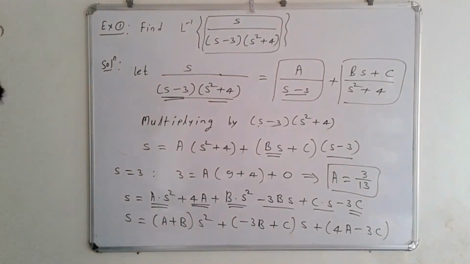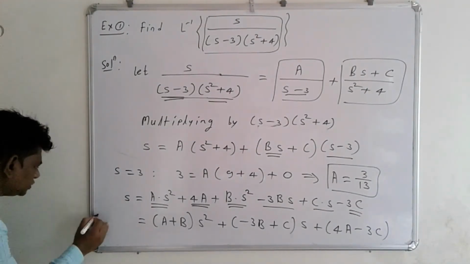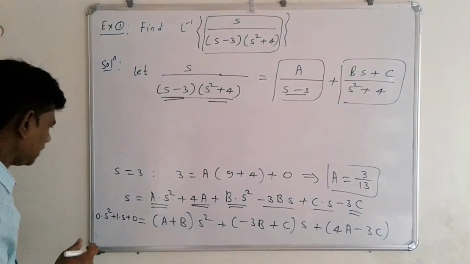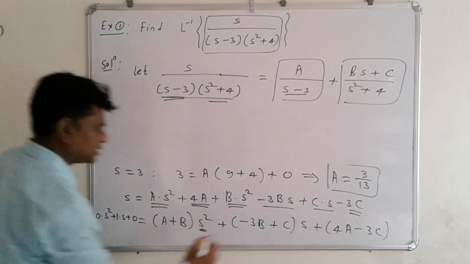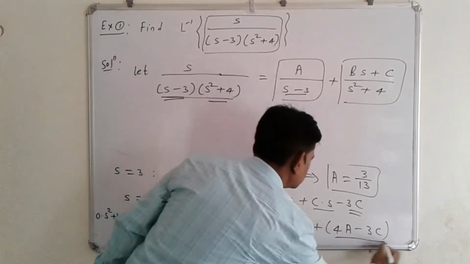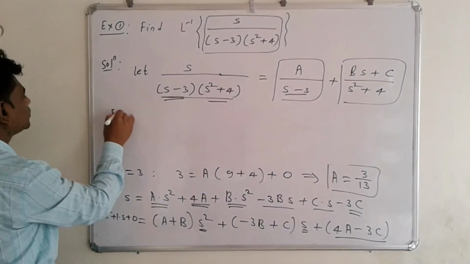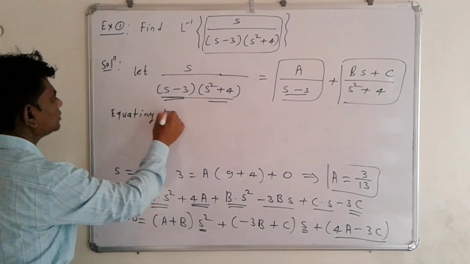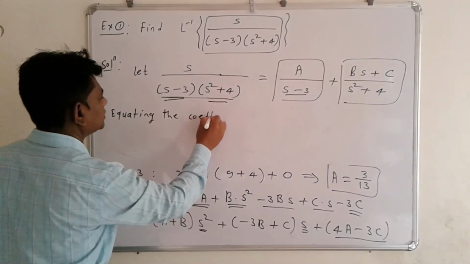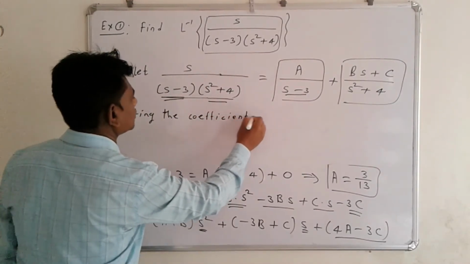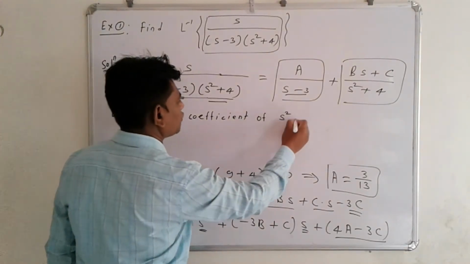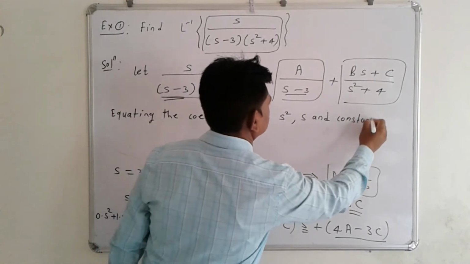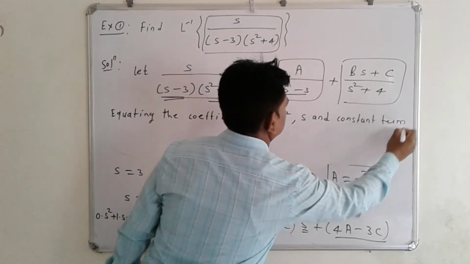Now we write this s as 0 times s square plus 1 times s plus 0. Now equating the coefficients of s square, s, and the constant term.